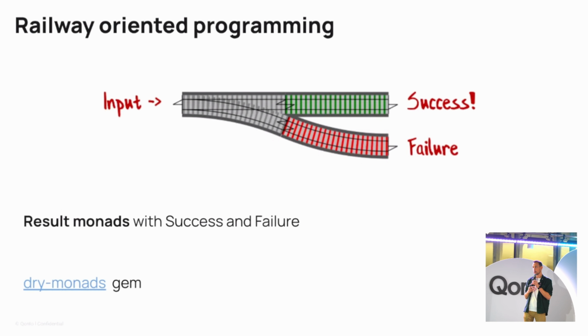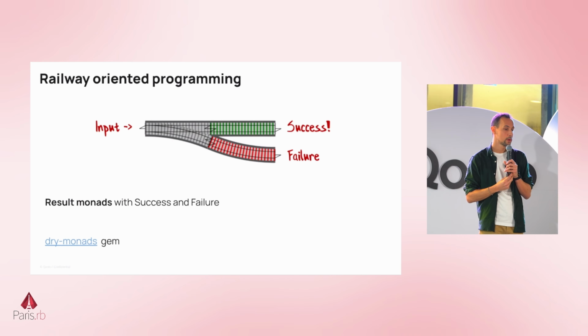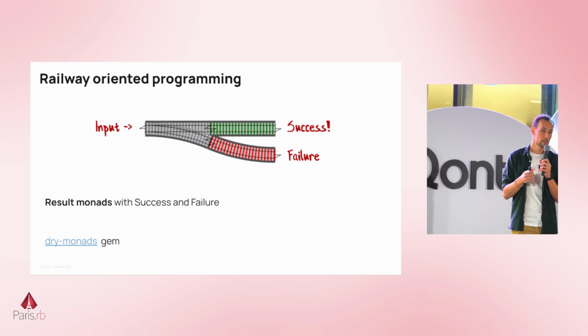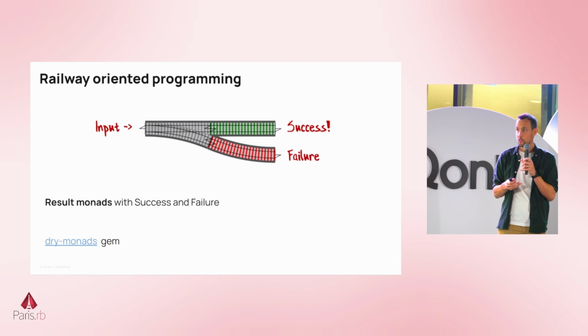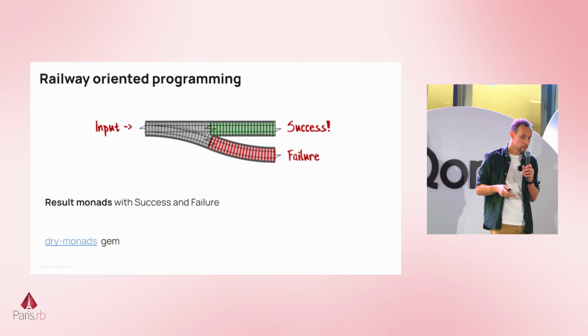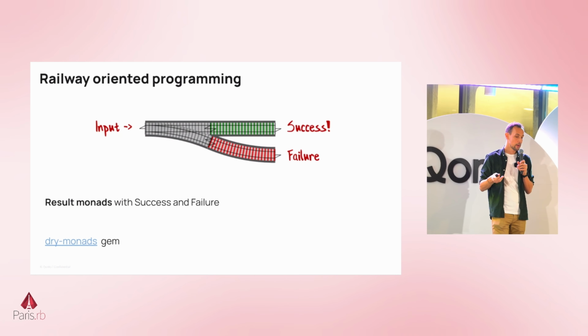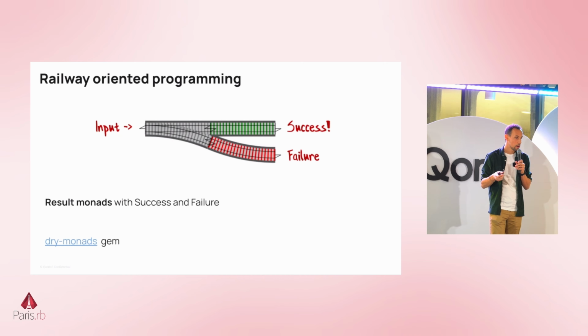One thing I would like to mention is why we implemented success and failure on all those different interfaces. It's because we took a lot of inspiration from railway-oriented programming, which personally changed how I code, how I think about structuring my code, and how I develop my business flow.